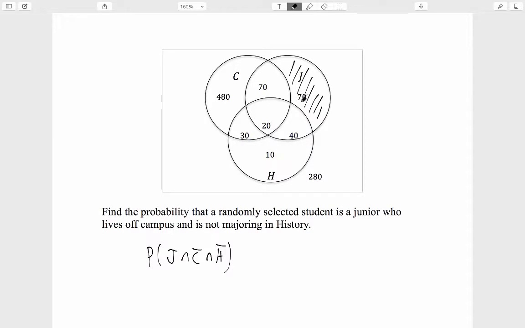Sure enough, it turns out that a single basic region in a 3-circle Venn diagram is a 3-way intersection involving J, C, and H or their complements. There are 70 students who live in this category out of 1,000. That gives us a 0.07 probability.